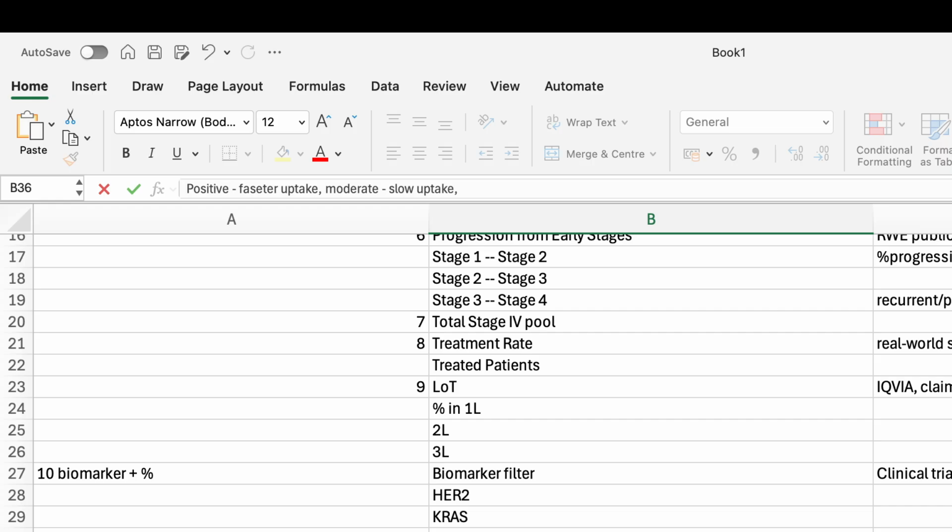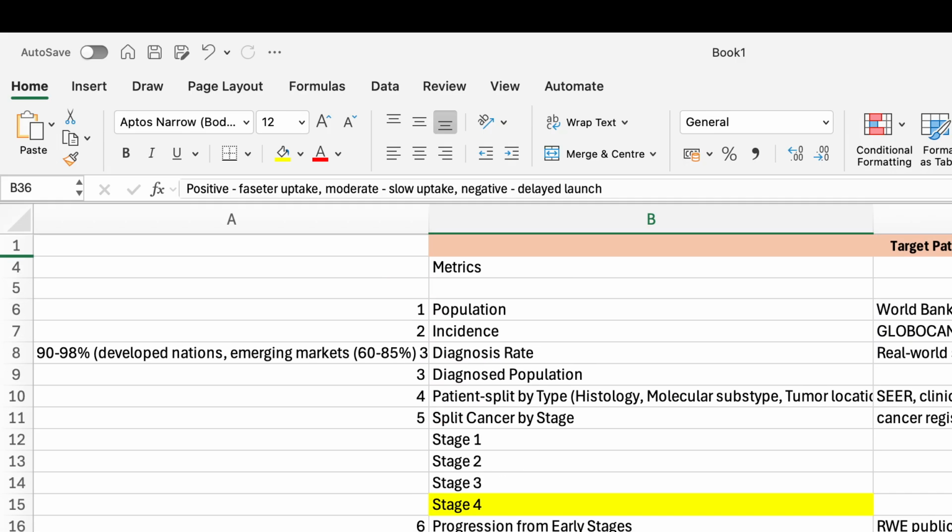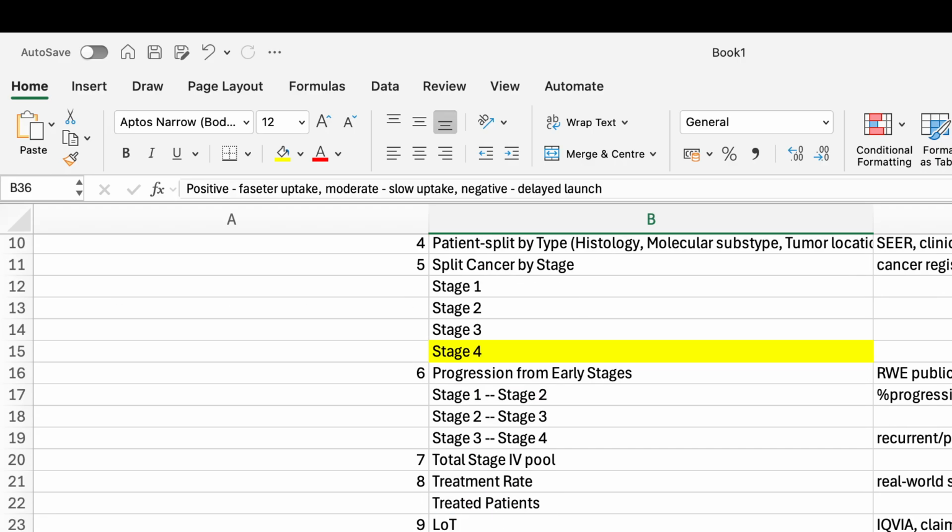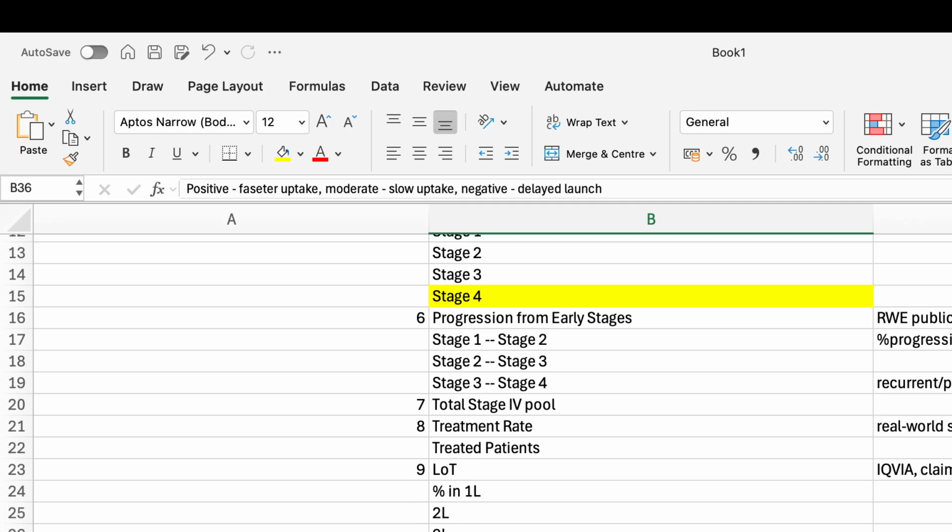If the data is negative, then there might be a delayed launch. So this is how companies de-risk forecasts. Once your forecast is ready, your client would be updating or sharing the data at the next conference, so you would be using different scenarios, right?